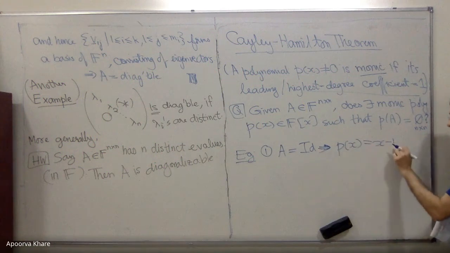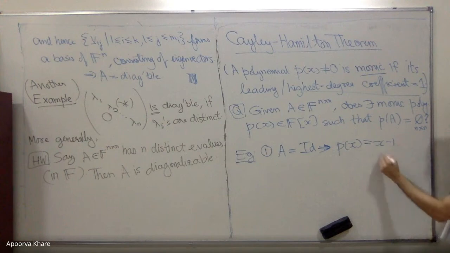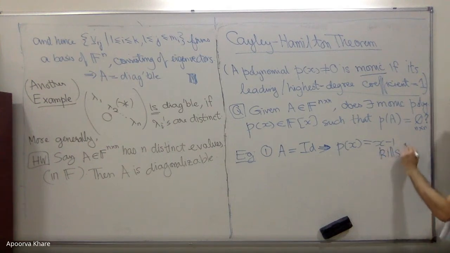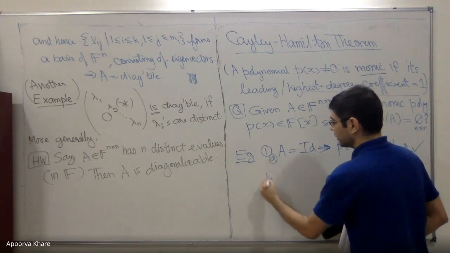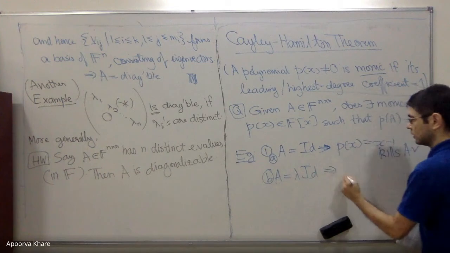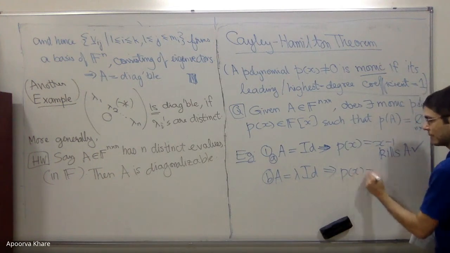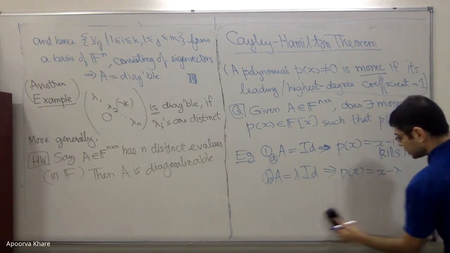You get A minus 1. But what is 1 in this polynomial sense? It is the identity matrix. This indeed kills it. And similarly, I'll call this part A, and similarly part B. If A is lambda times identity, then you can just get P of x equals x minus lambda, obviously. That works.